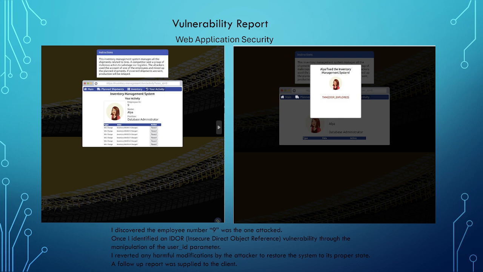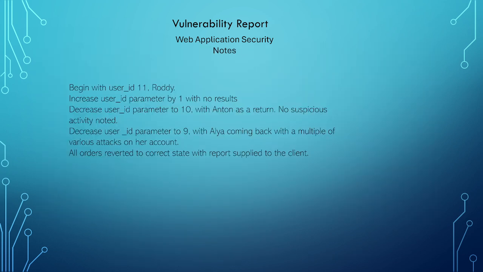Once I identified an IDOR, or again, insecure direct object reference, a vulnerability through the manipulation of the user ID parameter, I reverted any harmful modifications by the attacker to restore the system to its proper state. A follow-up report was supplied to the client. The web application security notes.